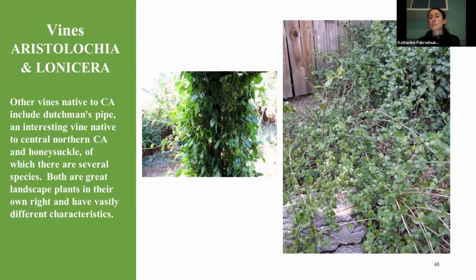So if you decide to use this as a vine, you'll have to do a little bit of training. Otherwise, you can let it do its natural thing, which is to be more sprawling and clamber onto other neighboring shrubs. Again, I'm going to say Japanese honeysuckle because I think that's what it is, but it's not the same one as that. That one's also semi-invasive, but also just more aggressive.